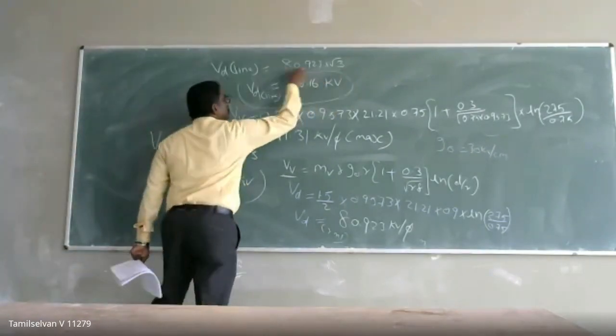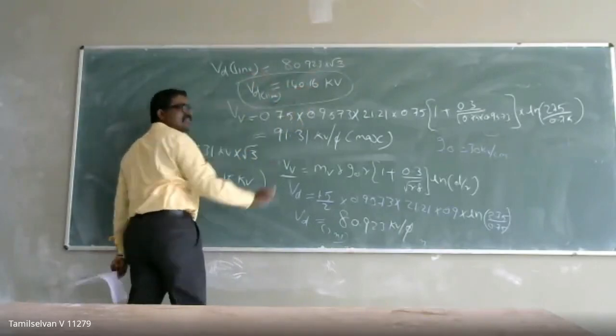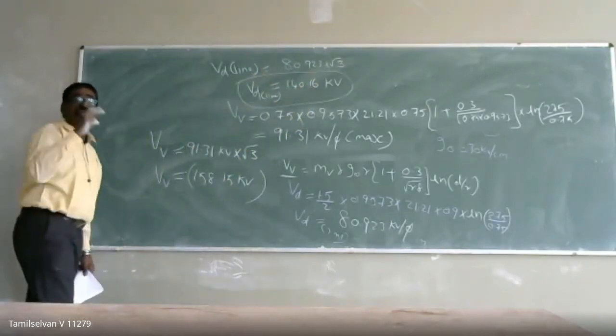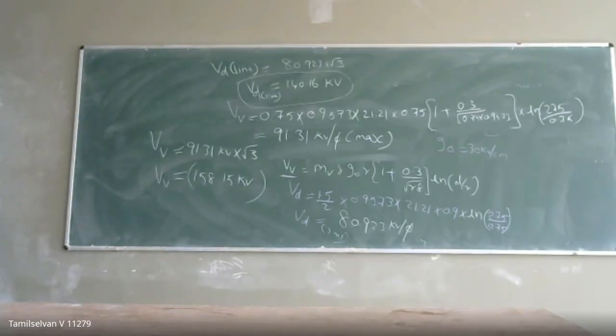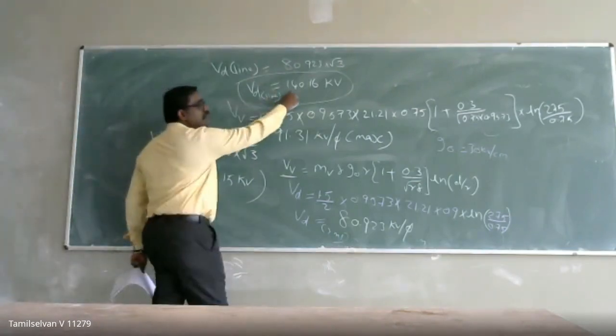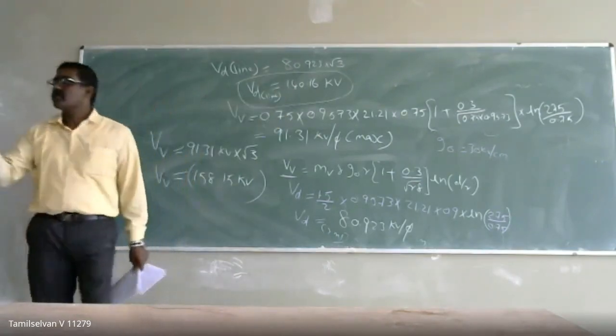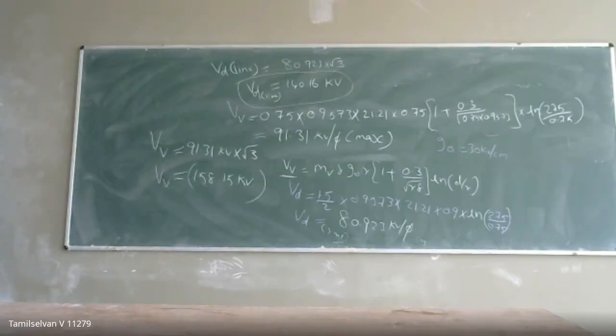Corona starts to occur at voltage of 145. You can get your hissing noise and production of ozone gas at the value of 145. It means your corona starts occurring on your transmission line, right?